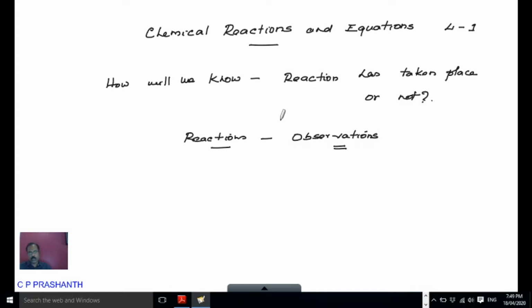Observations would mean we have to observe, when a reaction takes place, whether a change is taking place in the state of the matter. That means we will see whether there is a change of state.